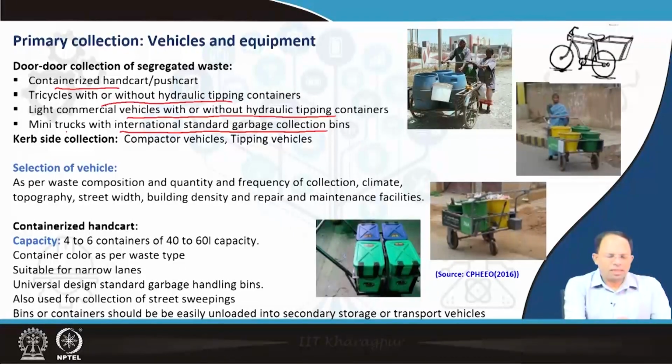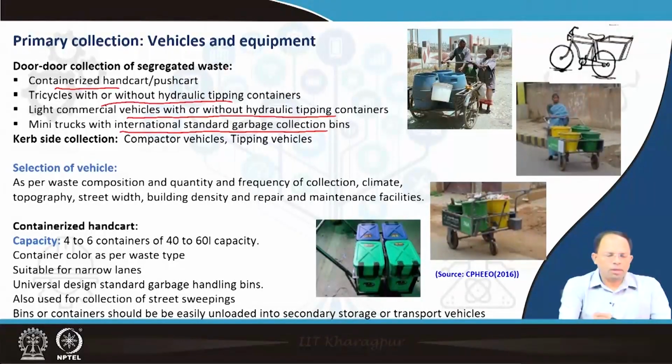So again, a mini truck is maybe a little bit larger than the light commercial vehicles, and instead of tipping containers, they have separate bins within, and the bins get filled as per different kinds of segregated waste.